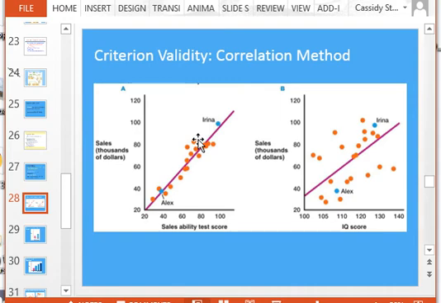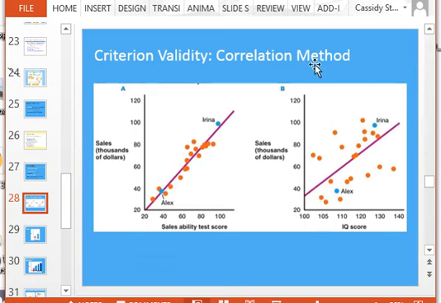And people who scored poorly on our sales ability test should be selling less stuff. If that's the case, with this correlational method, we should see that it's highly correlated. People who scored highly on our test also sell more stuff. People who scored low on our test sell less stuff. So now we can be confident that our test is validly measuring whether somebody is a good salesperson.